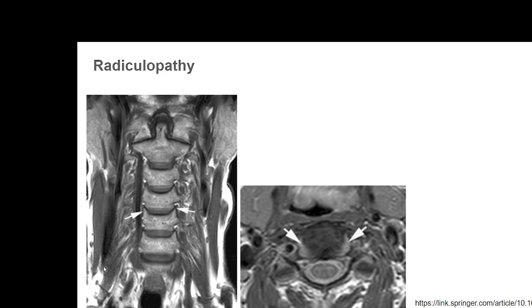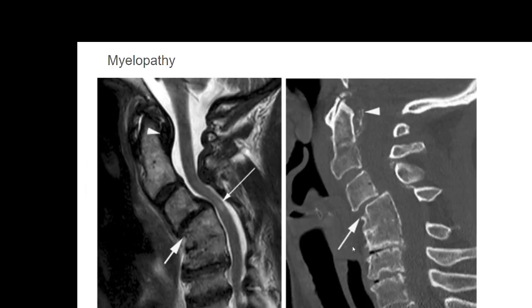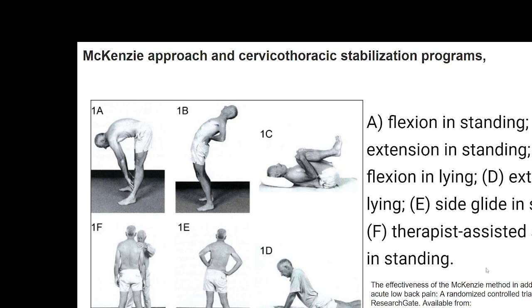In the MRI images, radiculopathy, where the nerve roots are swollen and the facet joints are swollen or the space is reduced, can be easily made out. Myelopathy, where the spinal cord is compressed and damaged, can also be easily made out by the MRI scan. So the MRI scan is the usual investigation.